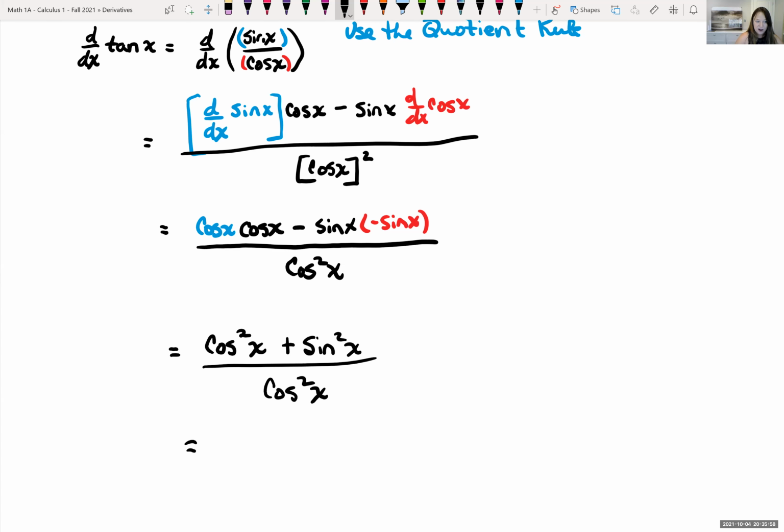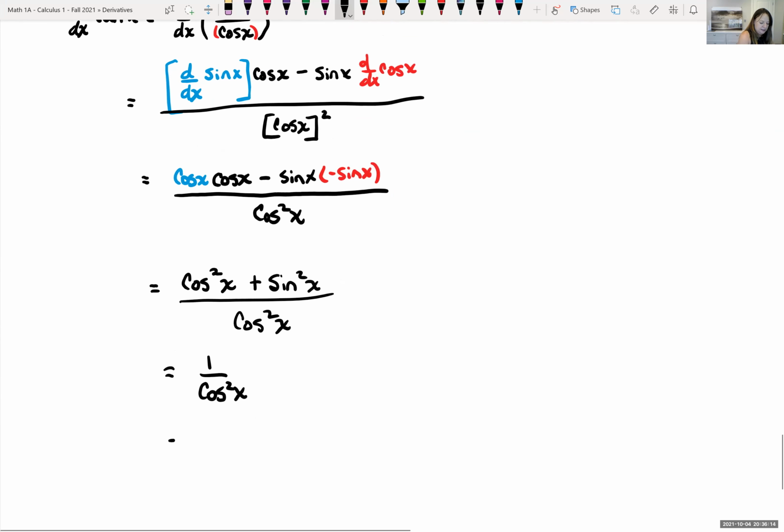So hopefully you recognize that trigonometric identity, that Pythagorean identity, cosine squared x plus sine squared x, recall that was 1. And so we have 1 over cosine squared x, which we can rewrite as 1 over cosine of x quantity squared, because 1 squared is 1.